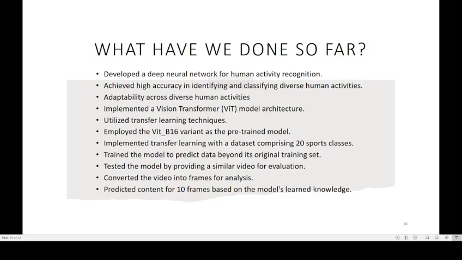While CNNs have been successful, we are excited to present a new approach leveraging vision transformers. This model excels at identifying actions in videos. By pre-training a ViT model on a large sports dataset, we have given it the ability to learn and adapt to new activities. The model analyzes videos frame by frame, predicting the specific action happening in 10 frames at once.